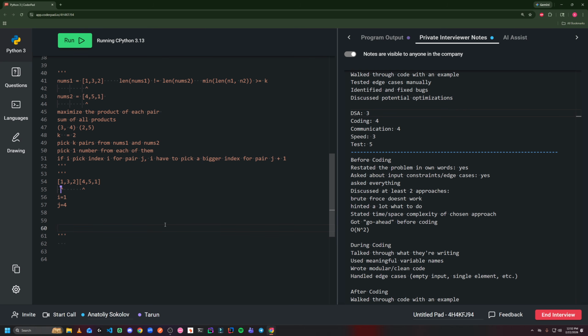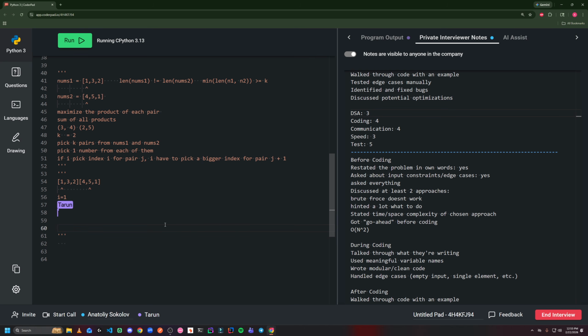So here we have 1 4. If I consider 1 4, or else I skip it, we have 3 4, else it will be 1 5. So I'll get the maximum from these three choices.